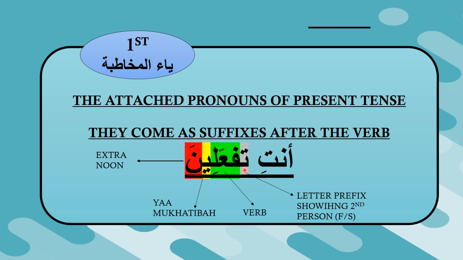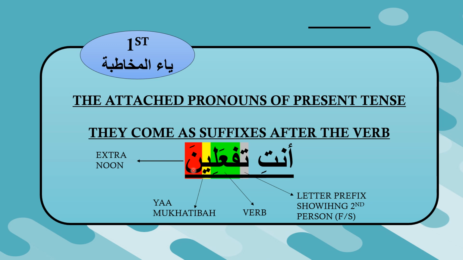Anti taf'alina. I have given different colors. The ta here is the prefix letter that shows the second person feminine singular. Then the fa'al is the verb. And the ya here is the ya mukhatiba, and this is the pronoun.